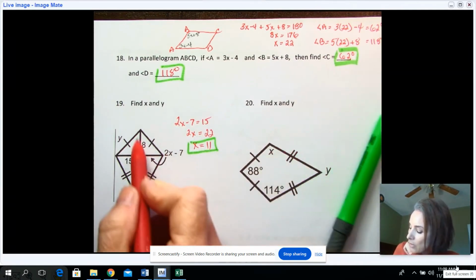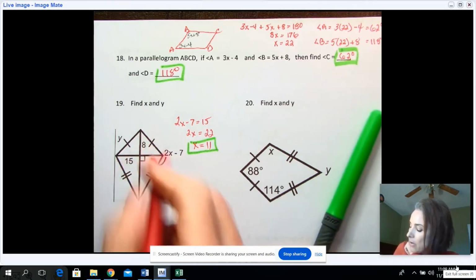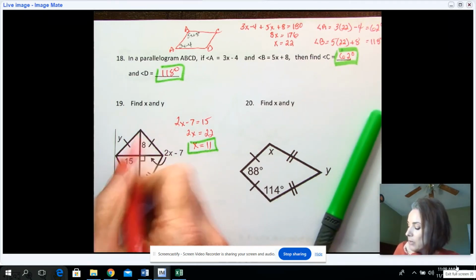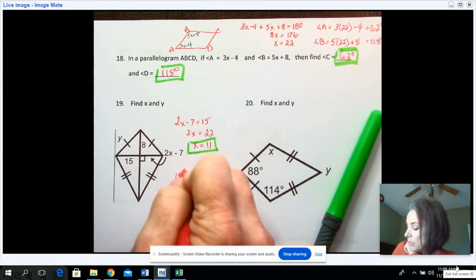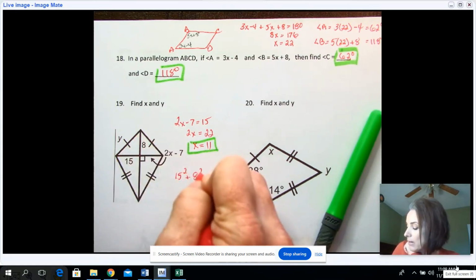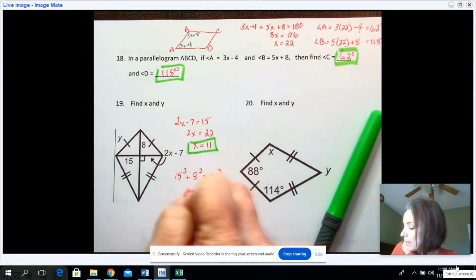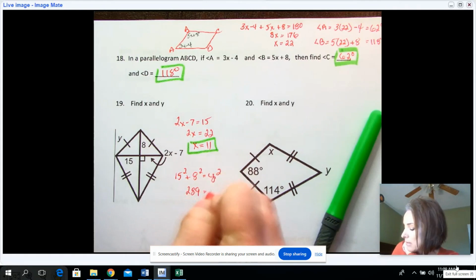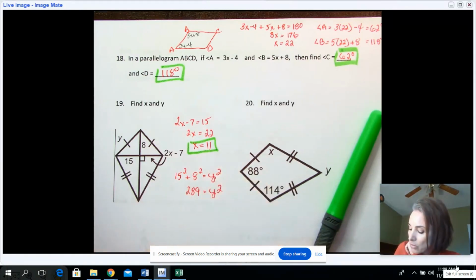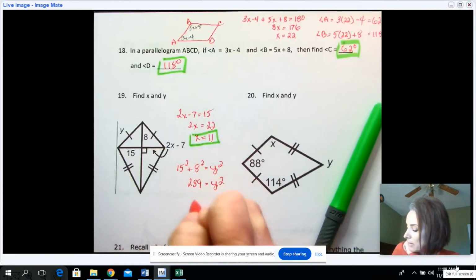And then, in order to find y, I know that 15 squared plus 8 squared equals y squared. 15 squared plus 8 squared is 289. And when I take the square root of 289, I get 17.